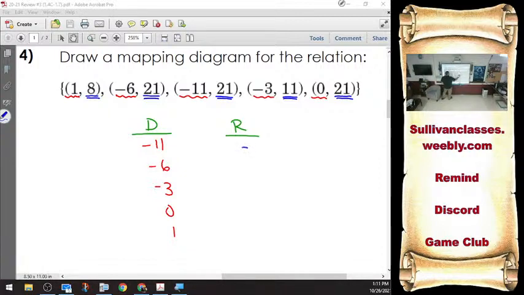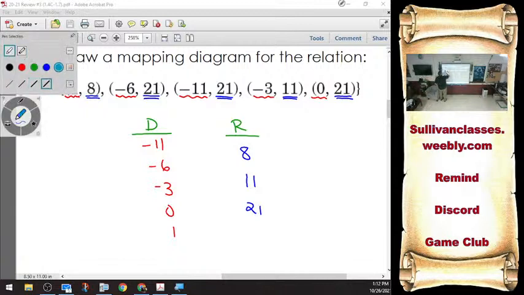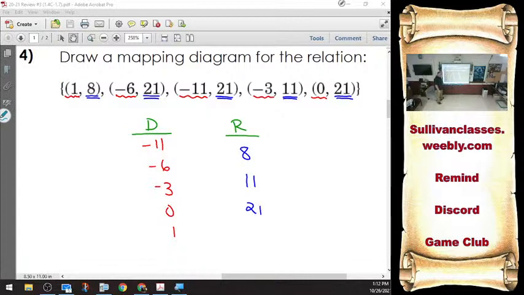So I'm going to put down an 8, 11, and 21. Yeah, I listed my domain and range. That's great, but I haven't finished. Draw a mapping. Mapping means cross your wires. Maybe that's something you should tell yourself so you don't screw it up on the quiz. Actually cross the wires. Draw your arrows.